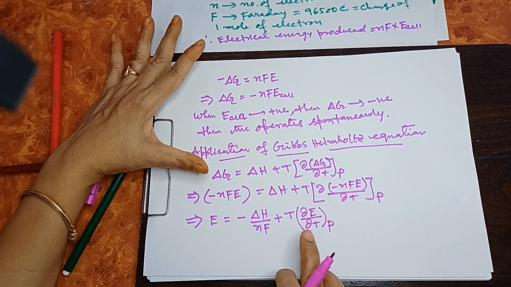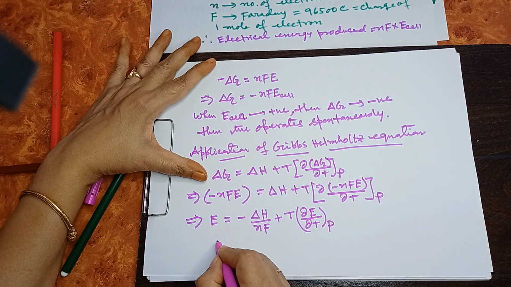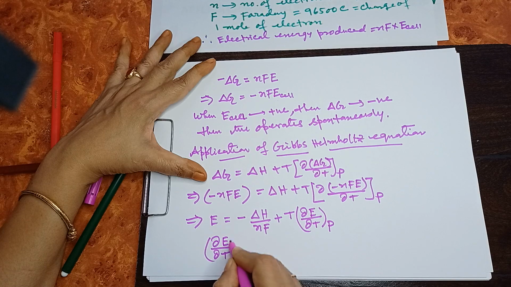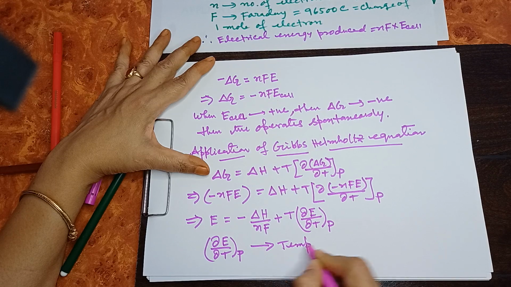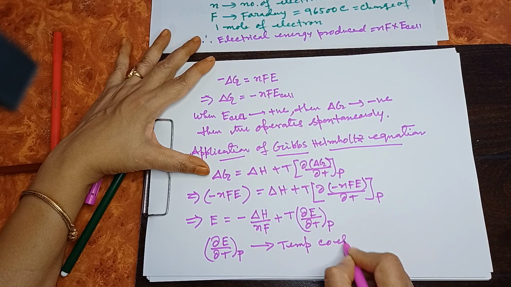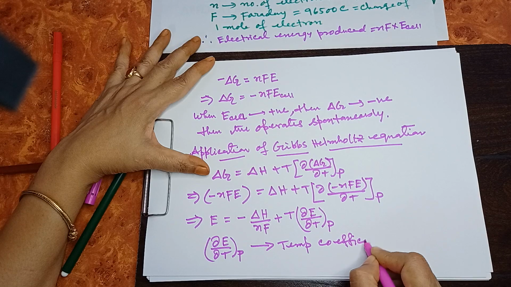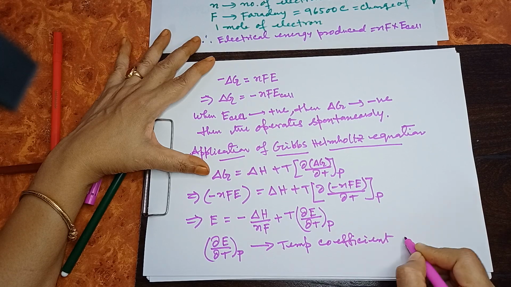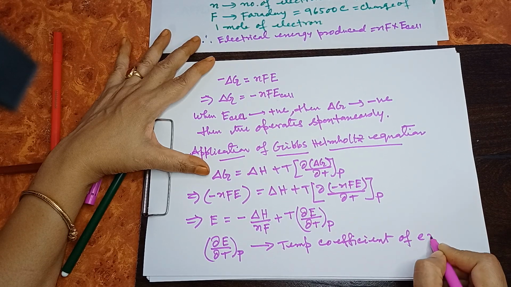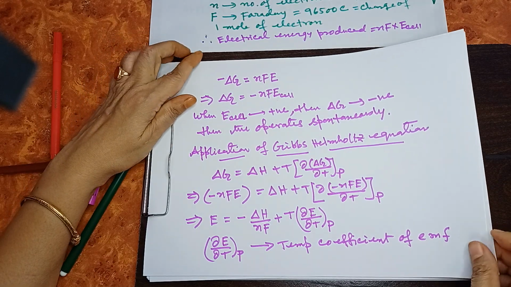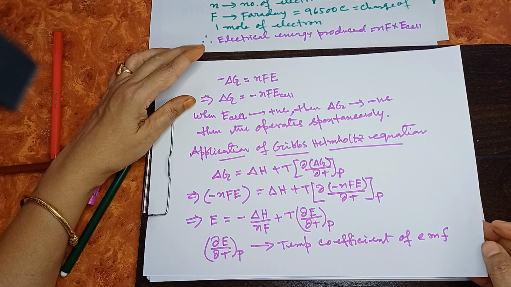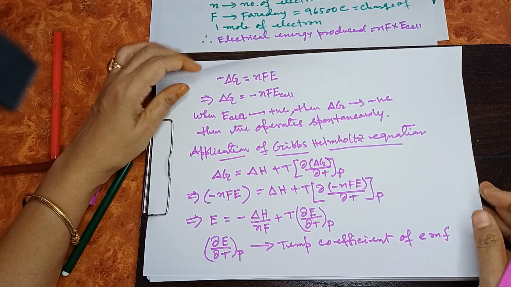Right. Now this term, ∂E by ∂T at constant pressure, is known as the temperature coefficient of EMF of the cell, which is the potential difference of the two electrodes in the galvanic cell.